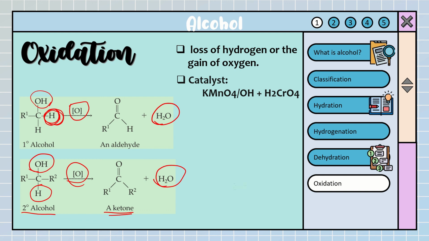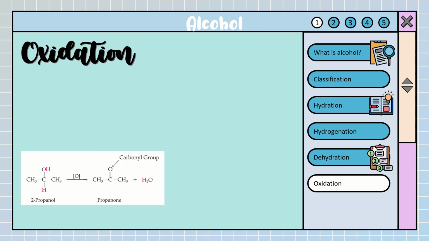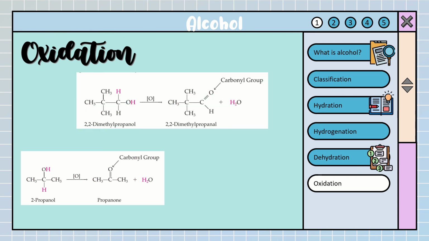However, if that is a tertiary alcohol, since we don't have any hydrogen available to be lost, there is no reaction that could happen. So let's have an example here.